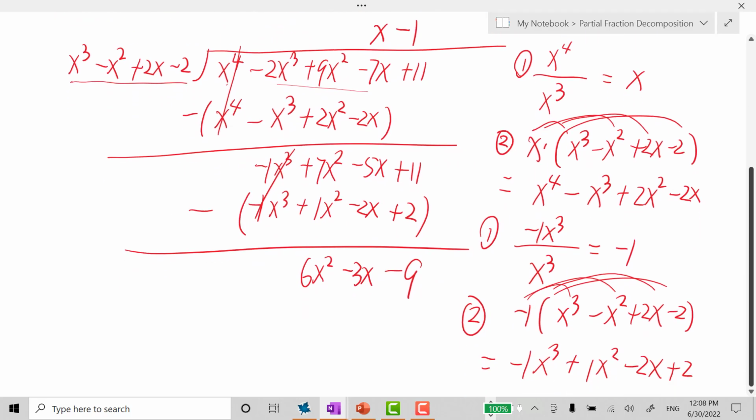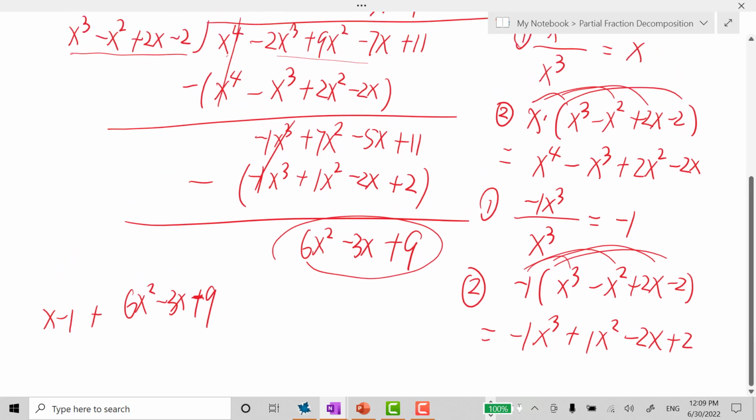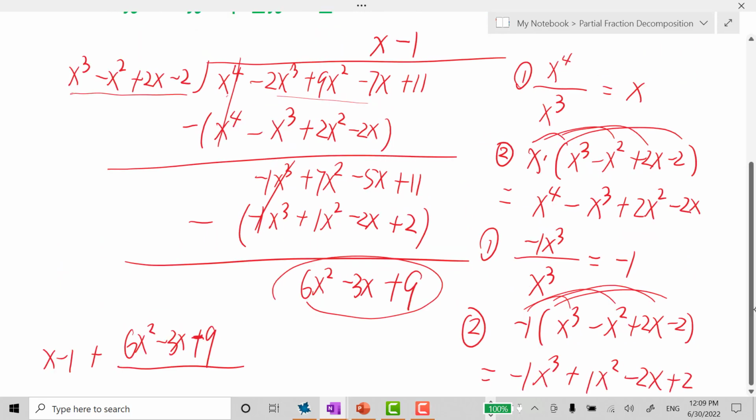So we write this whole thing as the quotient x minus 1 plus the remainder. The remainder is 6x squared minus 3x plus 9, because 11 minus 2 is 9, over the divisor, which is x cubed minus x squared plus 2x minus 2.